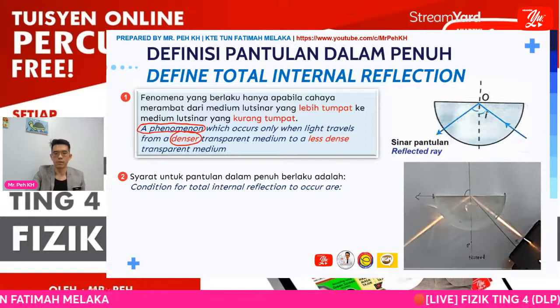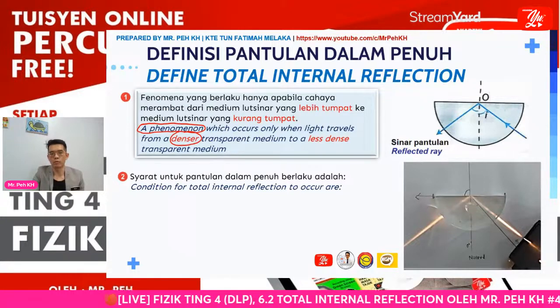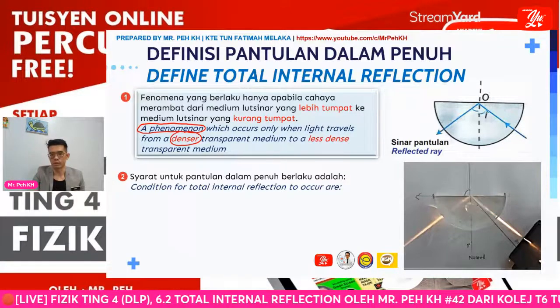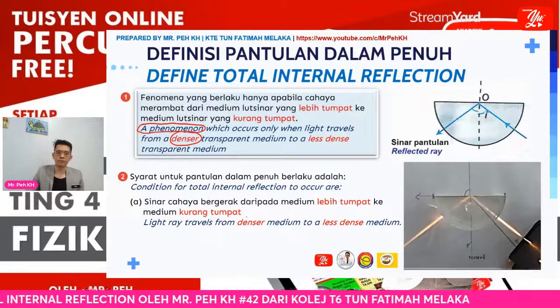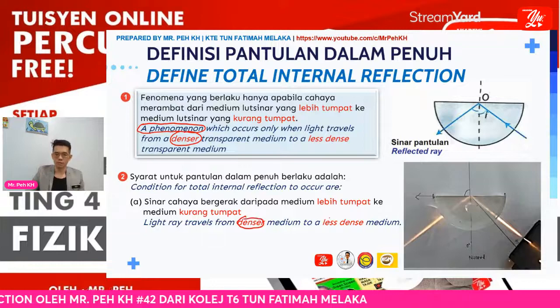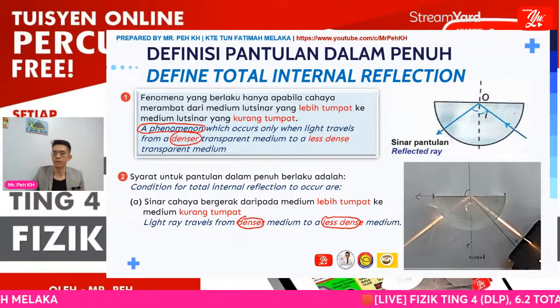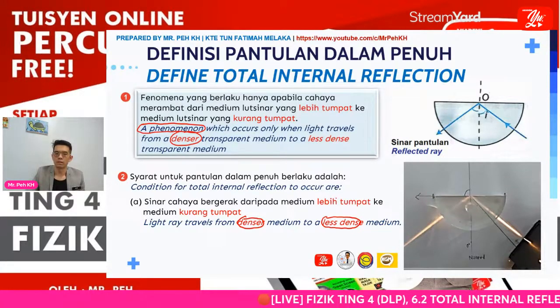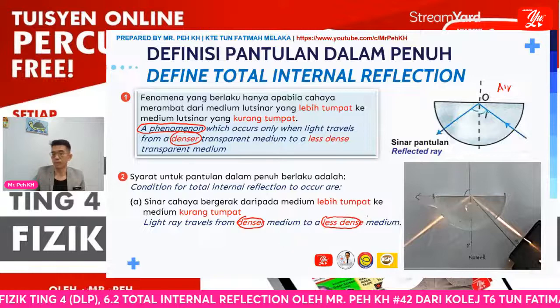Okay, so for total internal reflection to occur, you need to have two conditions. First, the light must travel from a denser medium to a less dense medium. For example, here the semicircular glass block will be the denser medium, and then the air will be the less dense medium.